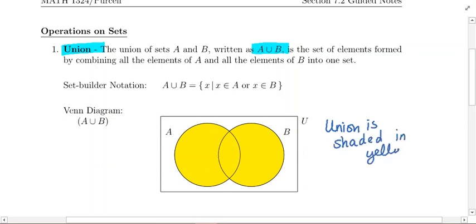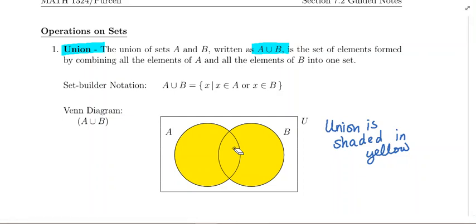The yellow part is A union B. That is everything in A, so this entire circle A is shaded in, and it's everything in B. All of A is shaded, all of B is shaded. As far as the overlap is concerned, if you have an object that's both in A and in B, it's also in the union. Think about it like getting married: if you had an item that your spouse happened to have as well, and now you have two of them, that item would still go to the new house when you moved in together.